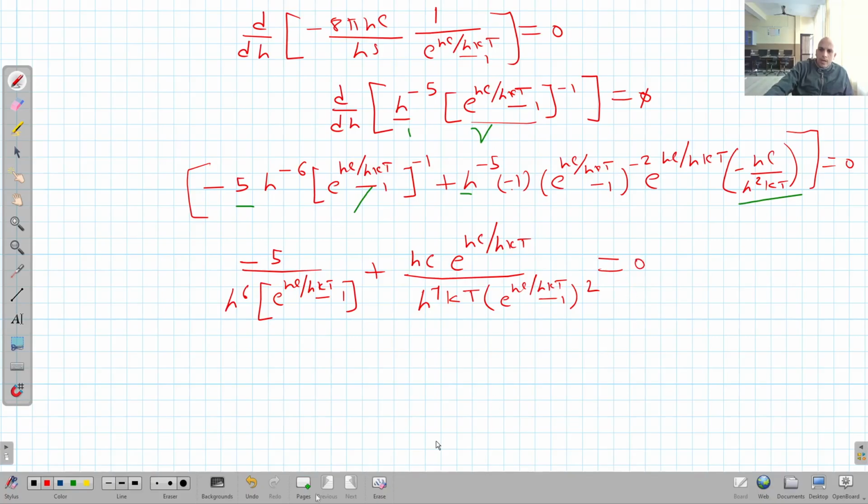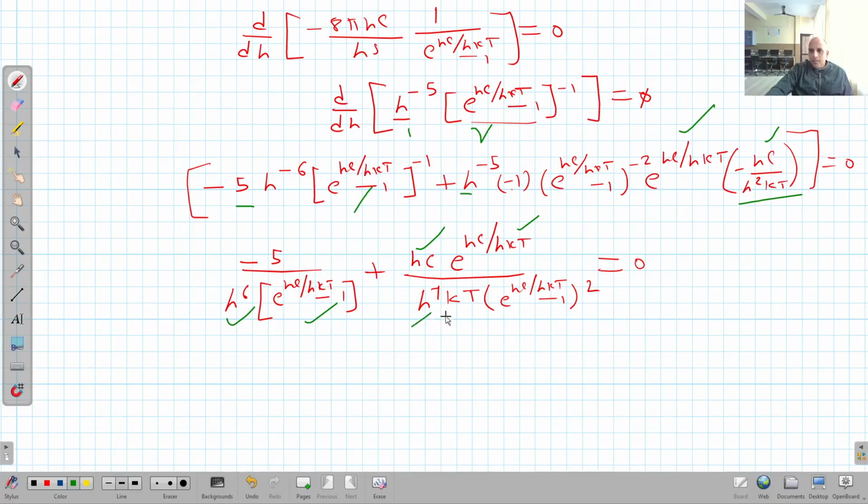Now you look at here, here minus 5, denominator lambda, and in the numerator this hc, where it is hc, clear? Here hc e raised to power hc upon lambda kT, clear? Then lambda power minus 5 and lambda power minus 2, where it is lambda power 2, so when I took it to the denominator, it becomes lambda power 7.